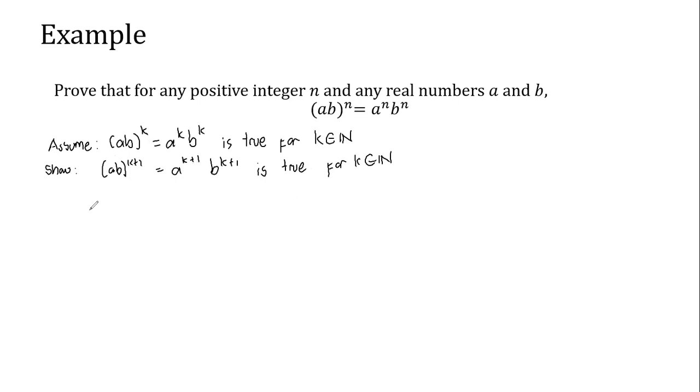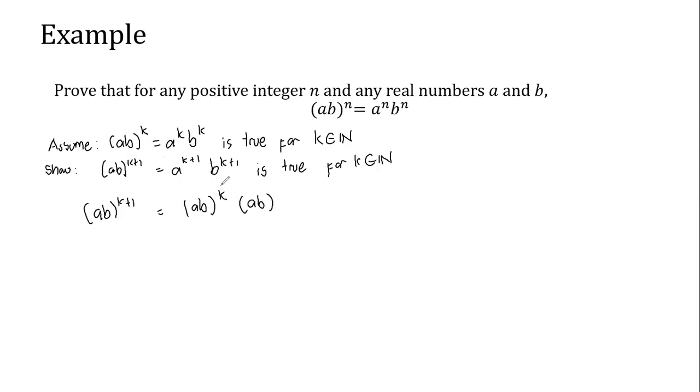Now, yung (ab) raised to k plus 1, so this is equal to (ab) raised to k multiplied by ab. Right? So, ito sa basic lang ng law of exponent. Okay. And then next, this is now, i-distribute lang natin itong a raised to k sa law of exponent.